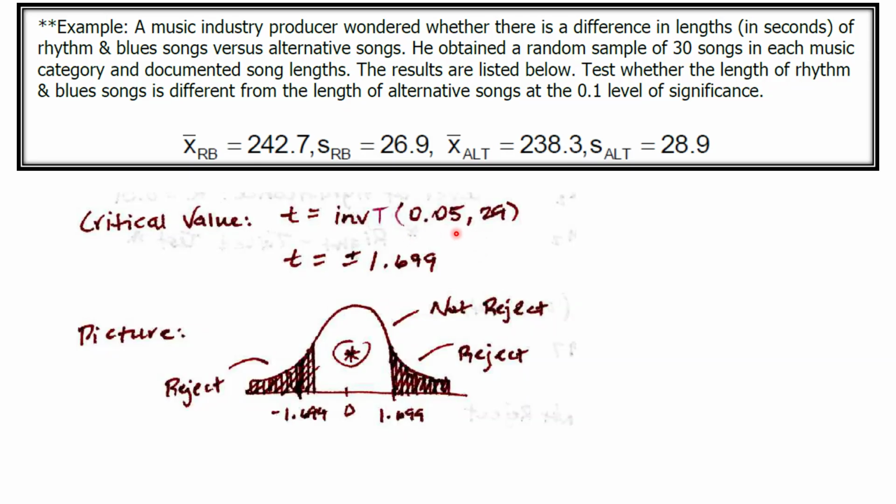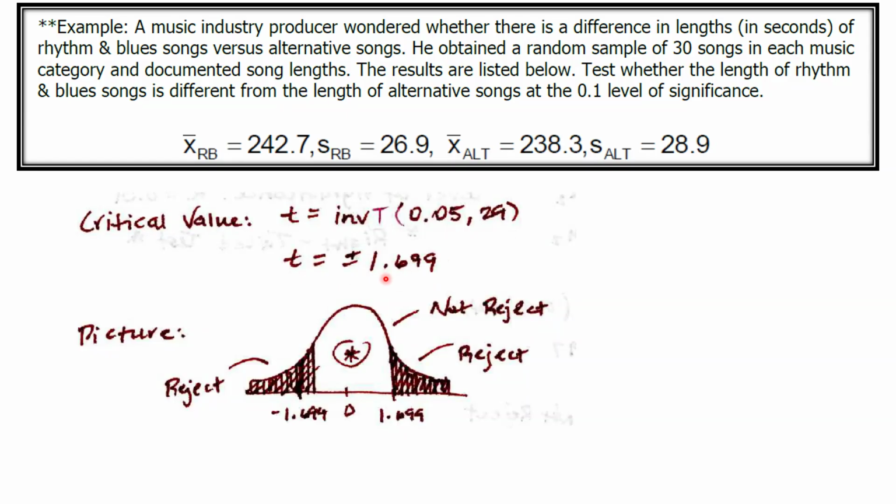That's the area that we would enter into inverse T. Our degrees of freedom is 29, because he took a random sample of 30 songs for each category, and 30 minus 1 is 29.